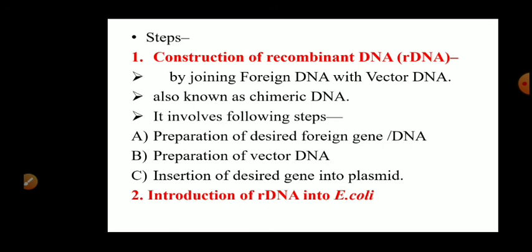So the E. coli cells are first made permeable. E. coli cells are given calcium chloride treatment. When E. coli cells are grown in presence of calcium chloride, they are incubated in presence of calcium chloride, they become permeable. Their permeability increases, and thus the recombinant plasmid, the recombinant DNA, gets inserted inside E. coli cells.